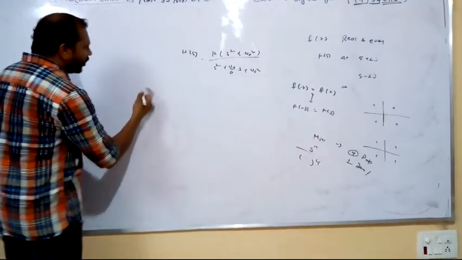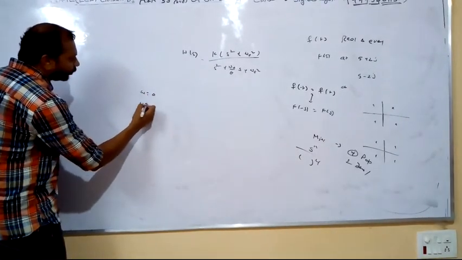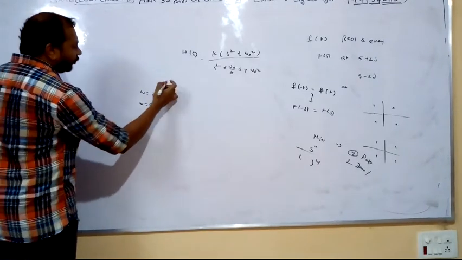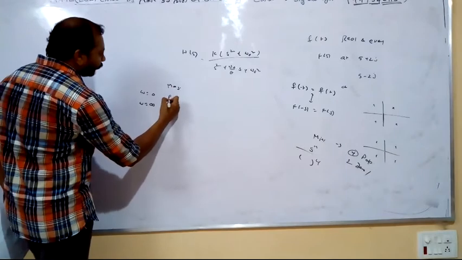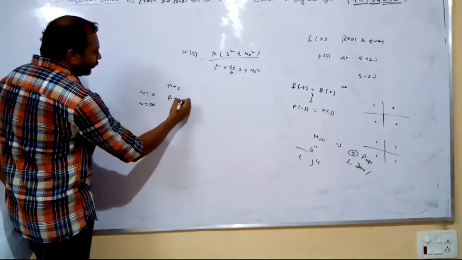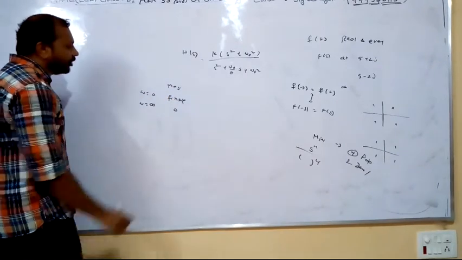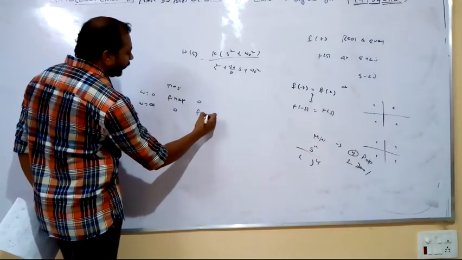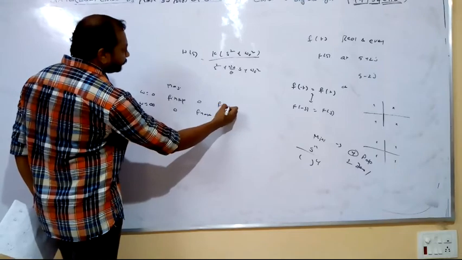For omega equal to 0 and omega equal to infinity, the corresponding magnitude is finite and this value is equal to 0.